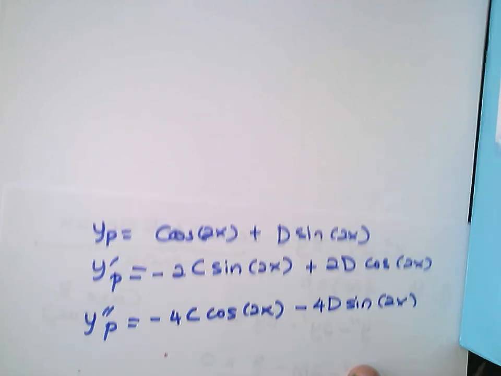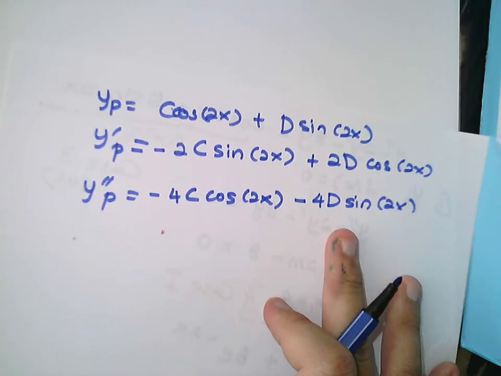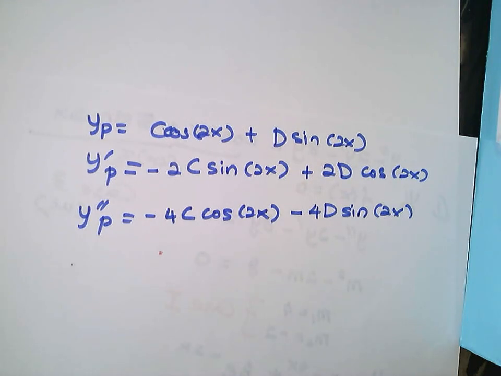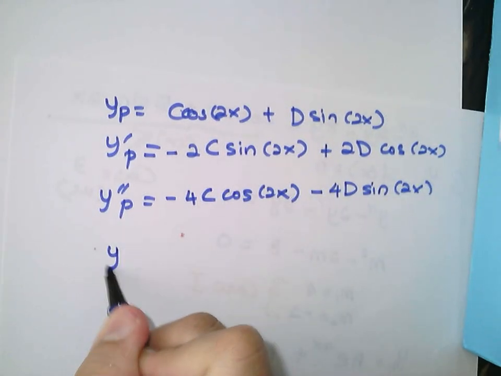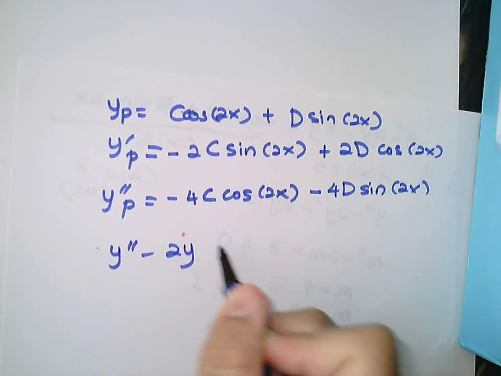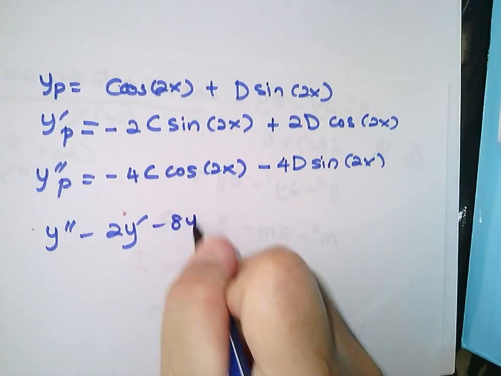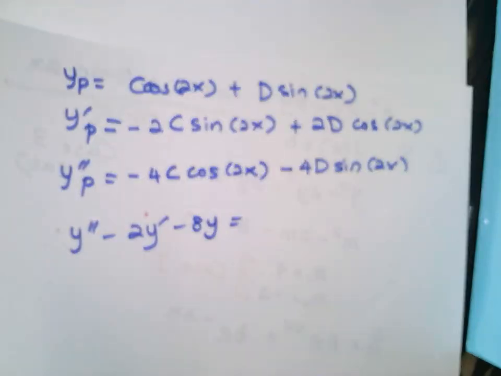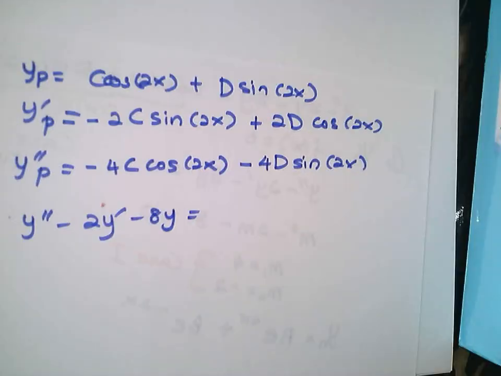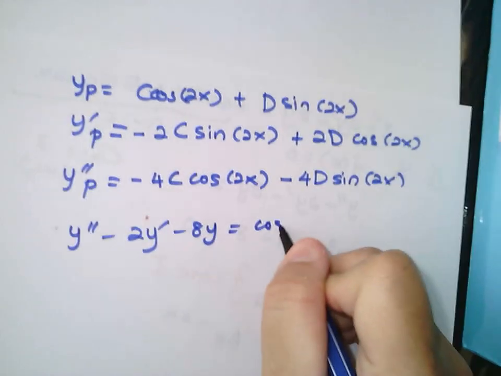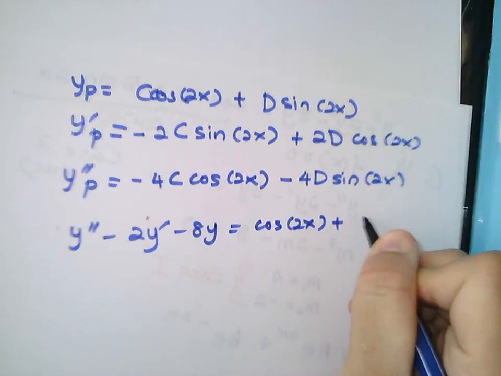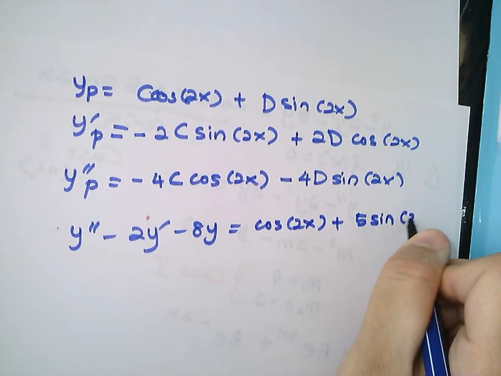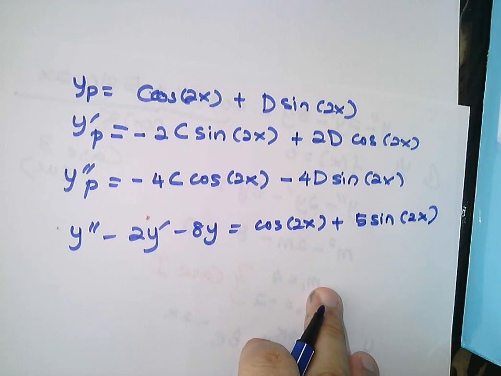Okay, this one you don't need any product rule or any differentiation technique, just differentiate this one directly. So now you have your y prime and y double prime, so substitute back into your differential equation. So therefore you will have y double prime minus 2y prime minus 8y is equals to cos 2x plus 5 sine 2x.